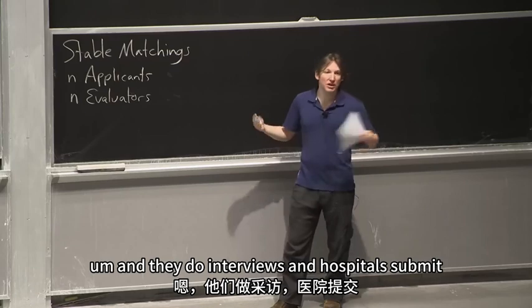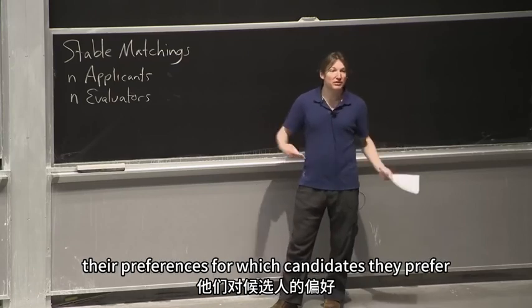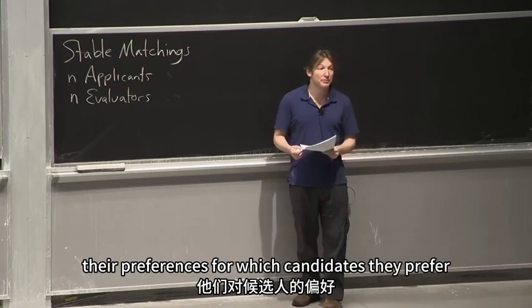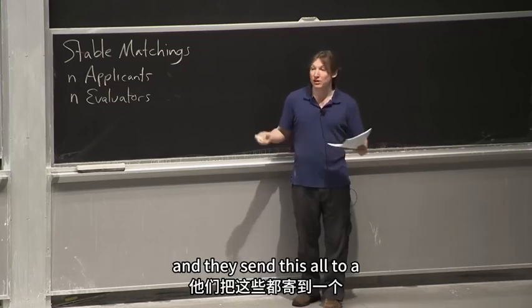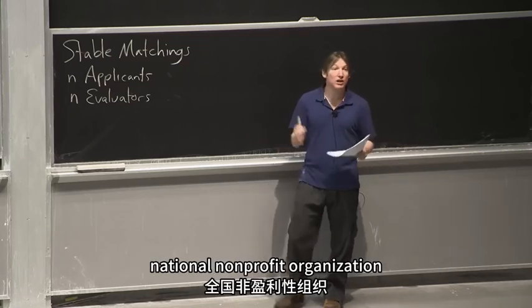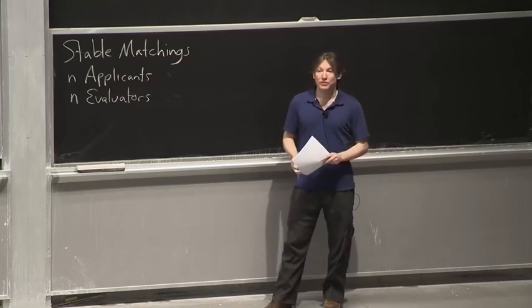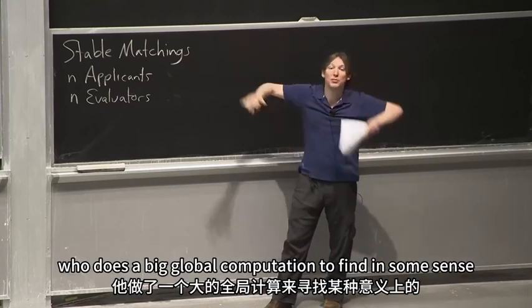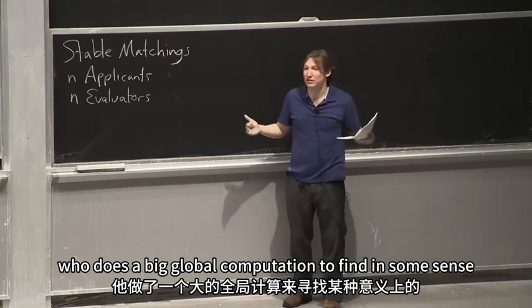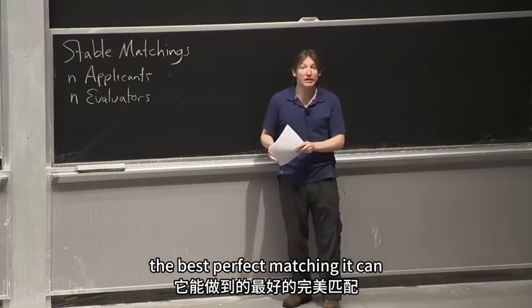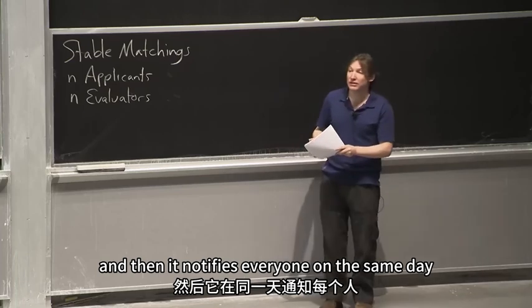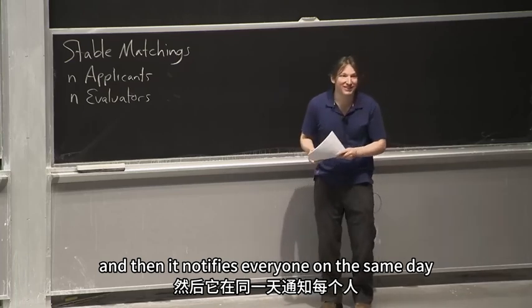They do interviews, and hospitals submit their preferences for which candidates they prefer. They send this all to a national nonprofit organization, which does a big global computation to find, in some sense, the best perfect matching it can. And then it notifies everyone on the same day.